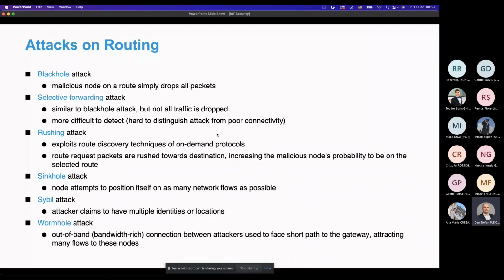Then there's the Sybil attack. It occurs when an attacker claims to have several identities in the network. So you can have, for example, location-based routing protocols in which an attacker claims to be at several locations simultaneously. So you can actually mask your position and issue conflicting location identities, and you can simulate that you are in different geographical positions in the network.